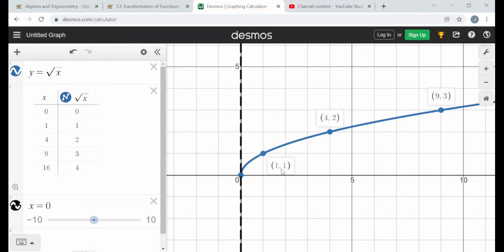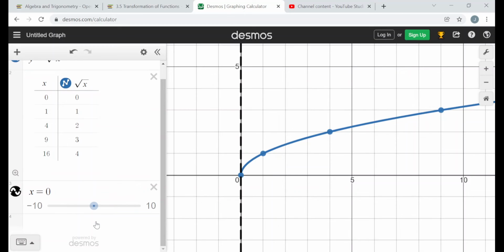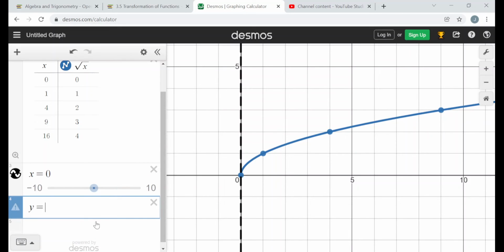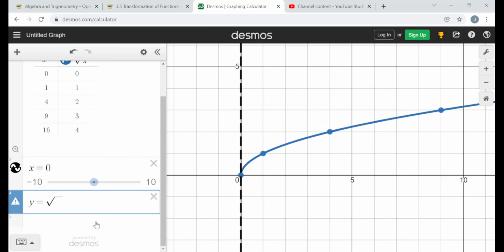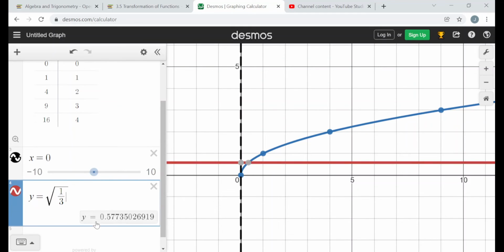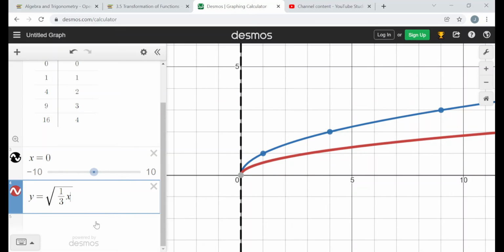That's what they mean by horizontally stretched by a factor of 3. And I showed you how to do that. We go y equals, and instead of the square root of x, I replaced x with the reciprocal of 3, 1/3 times x. And look at that red graph. That's definitely the points on the blue graph pushed away from the y-axis.